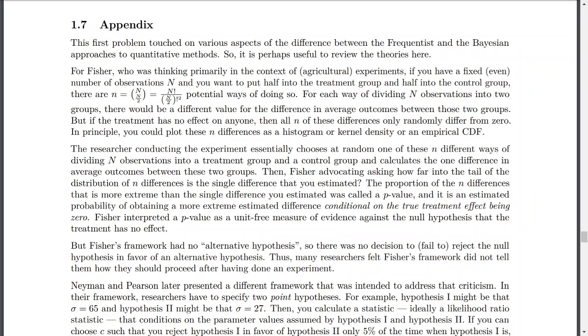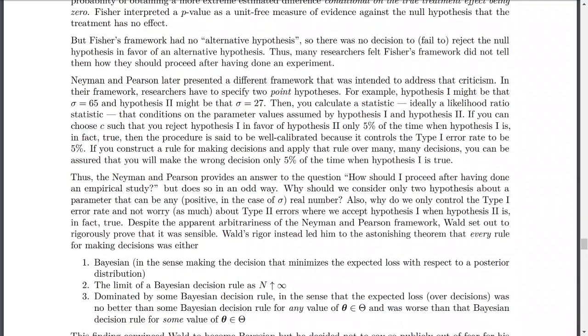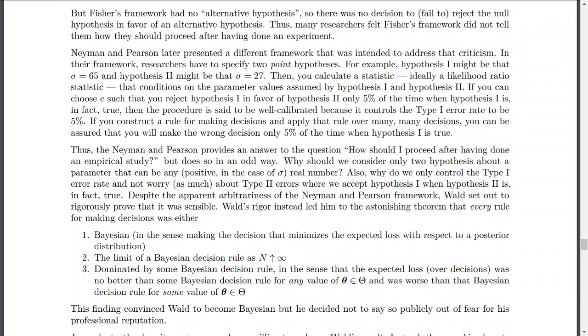And so Neyman and Egon Pearson picked it up and presented a different framework to try to address that criticism. And in that framework, researchers would specify 2-point hypotheses about the parameters. So like what we did today with Tibshirani and Price, hypothesis 1 might be that sigma is equal to 65.